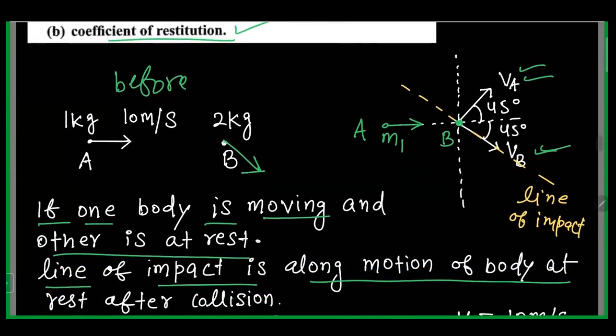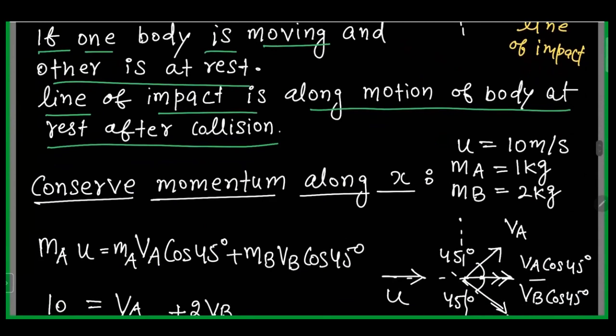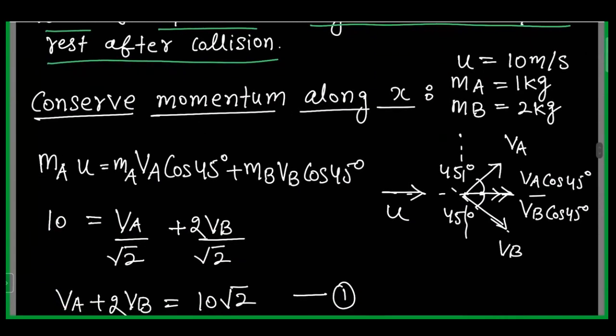Okay, let's solve. First of all, we will conserve momentum along the x-axis. Your body was initially coming along the x-axis, and then the bodies move in these directions. The x component of VA is VA cos 45 and the x component of VB is VB cos 45. So initial momentum of body A will be MAU, because body B is at rest.